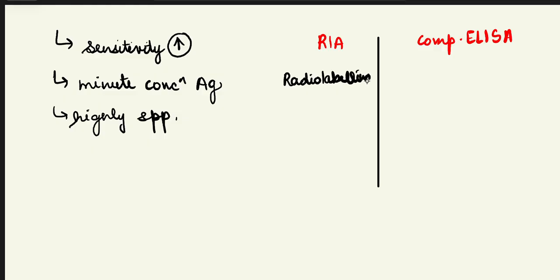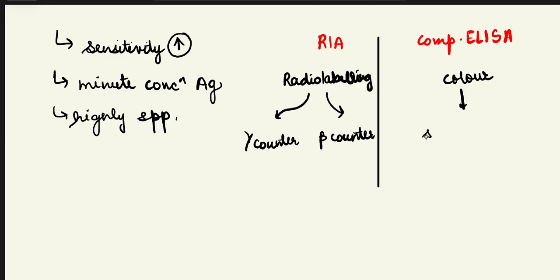We are doing the radiolabeling, so this can be detected only by specific instruments, for example a gamma counter or a beta counter, because these are radioactive rays, so they cannot be detected normally. And here, because we have color, it can be detected by the spectrophotometer. Here radioactivity is not involved. Then the remaining is the protocol difference, which you can already write, and also the specific principle difference, which you can easily correlate now. So this is the main working and principle of RIA, and also how it is different from ELISA.